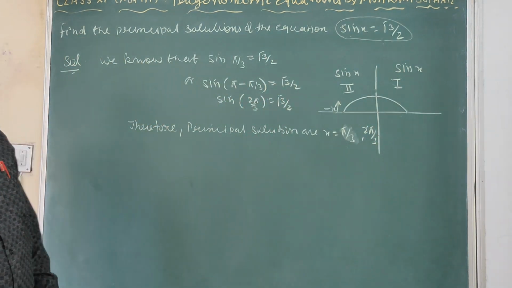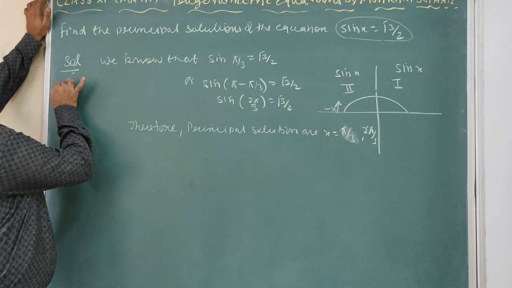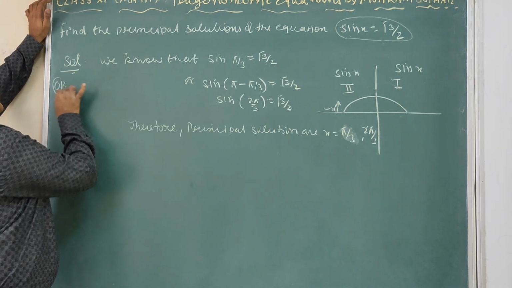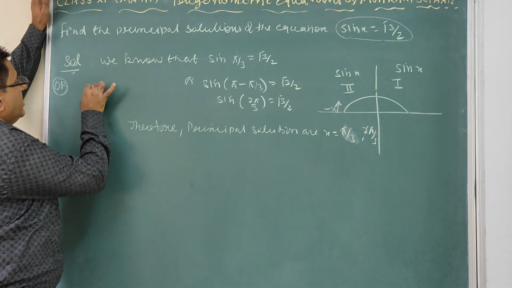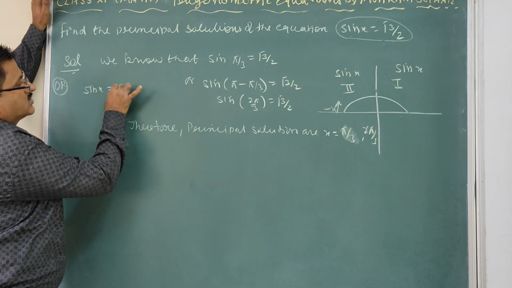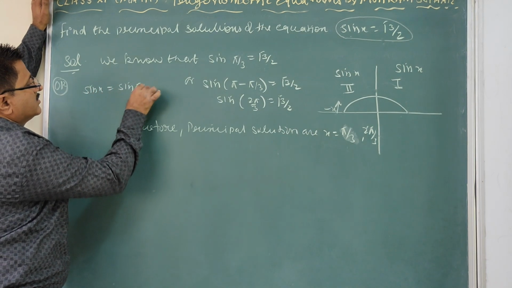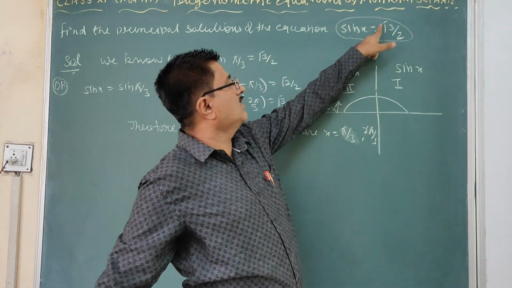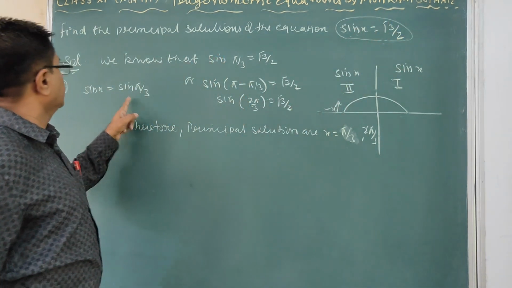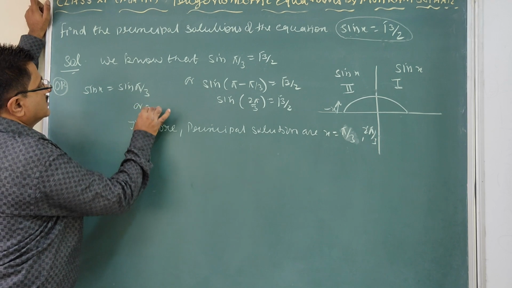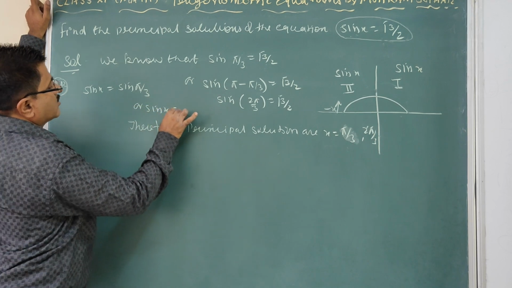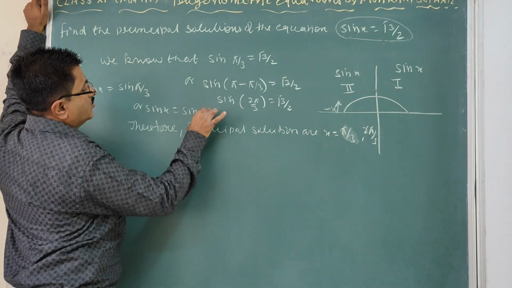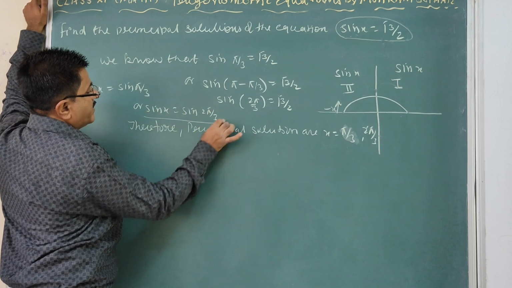Okay? Or you may write it like this also. You may use this method: sin x equal to sin pi by 3, since root 3 by 2 can be replaced by this, or sin x equal to sin 2 pi by 3. This you can write.